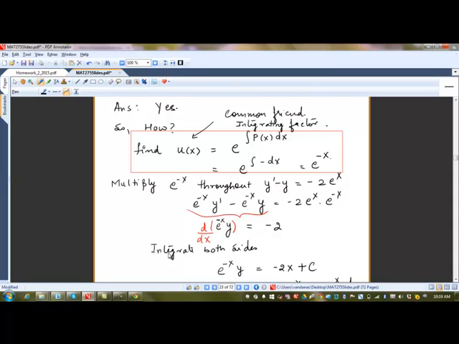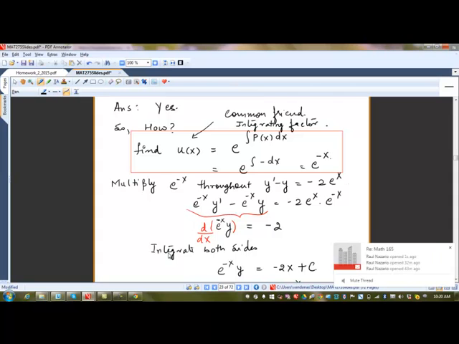So for any first order linear differential equation, you first convert it into the standard form, find p(x), find the integrating factor, multiply it throughout the equation, combine the left hand side two terms, and integrate both the sides. That's the whole scheme for linear first order differential equations. Is it clear to everyone? We will do a couple more examples in the next class, and then I'll move on to more explanation.